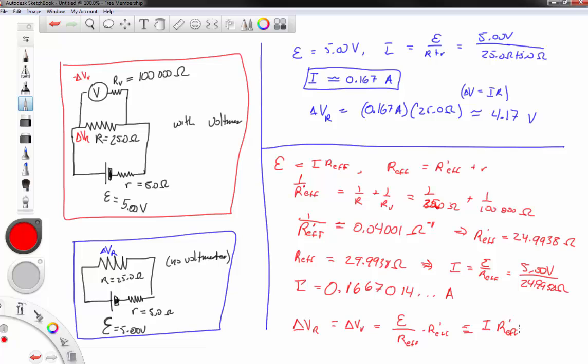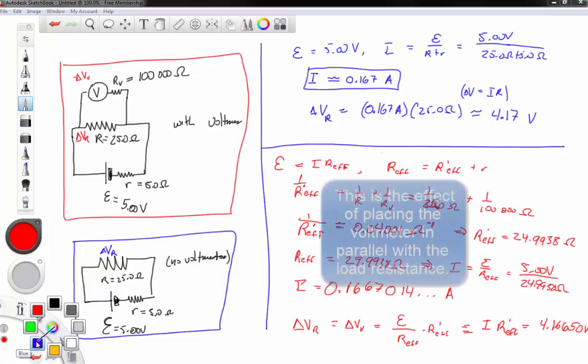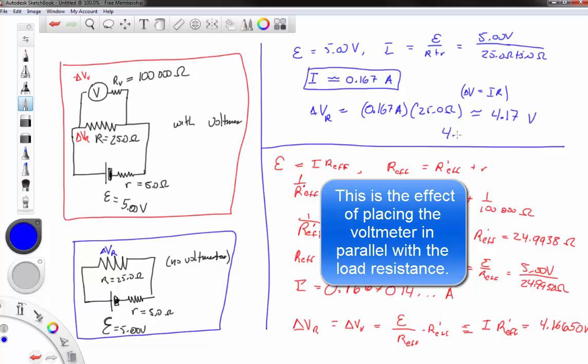Either way, because the current is given here and the R effective prime is given above as 24.9938, what you end up getting is that this voltage drop is 4.16650 volts, compared to the voltage drop above, which is actually 4.166666 repeating volts. So you can see that it's actually slightly smaller voltage drop here than here.